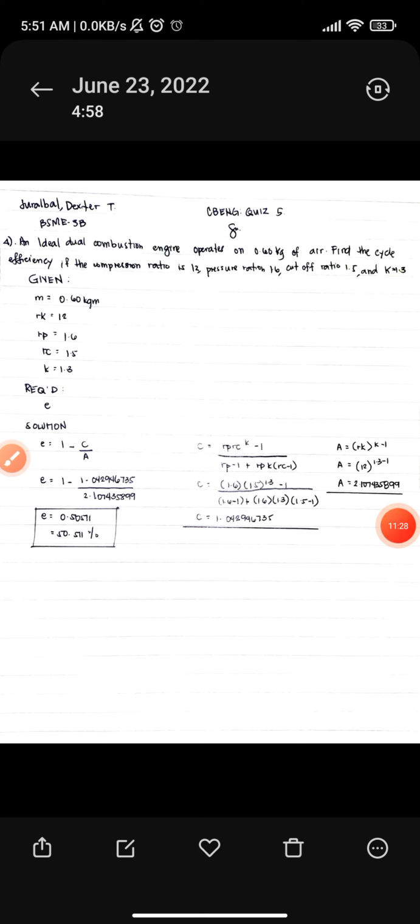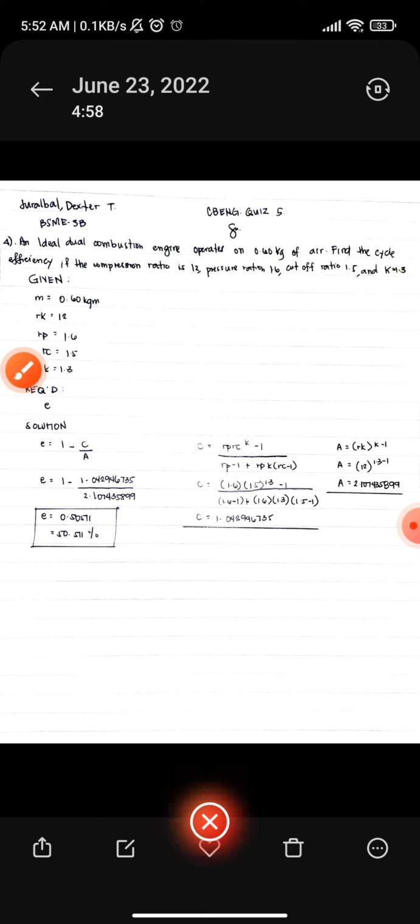For problem number 4, an ideal combustion engine operation on 0.60 kg of air. Find the cycle efficiency if the compression ratio is 12, pressure ratio is 1.6, cutoff ratio is 1.5, and K equals 1.3.